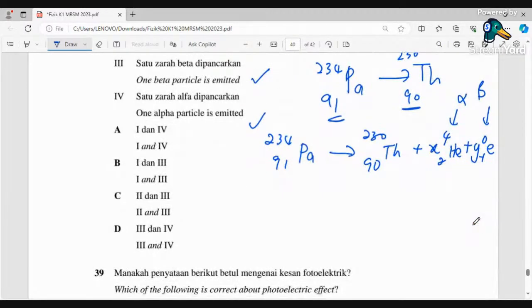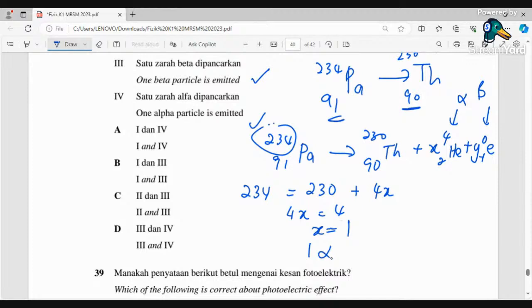Okay, first you boleh buat mathematics style, gunakan nuclear number. So 234 equals 230 plus 4x. Okay, y times 0 is 0. So you get 4x ialah 4, so x ialah 1. Okay, so you have 1 alpha. And then digunakan proton number. 91 equals 90 plus 2x minus y.